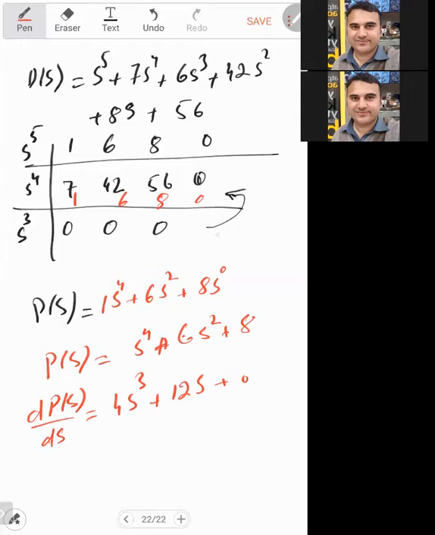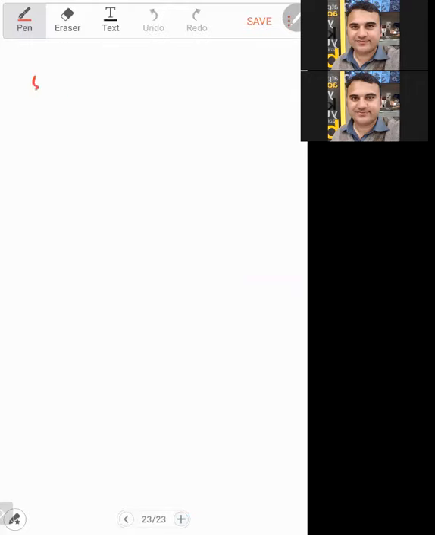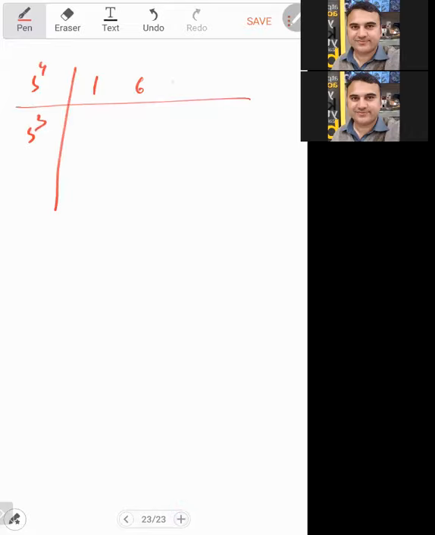And now we are going to replace this row with the coefficient of this auxiliary polynomial. So let me repeat over here. So we have s^4, and then we have s^3. So this is equal to 1, 6, 8, and s^3, which was equal to 0, 0, 0.